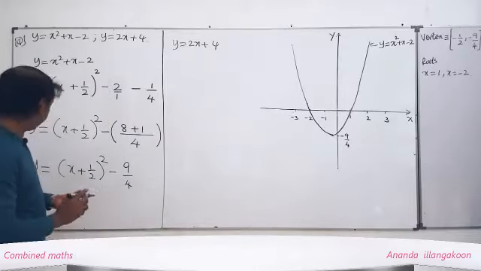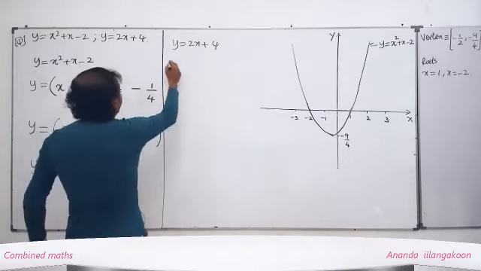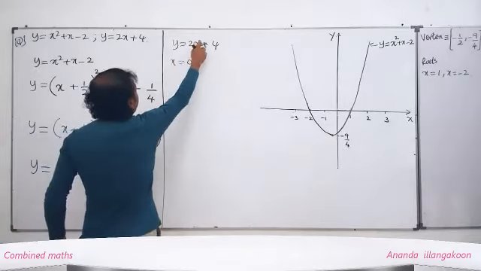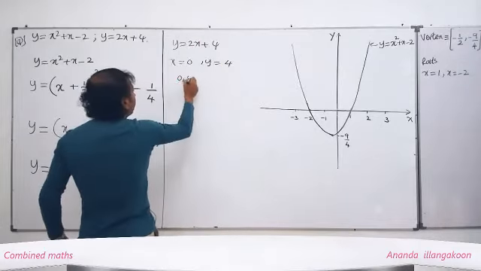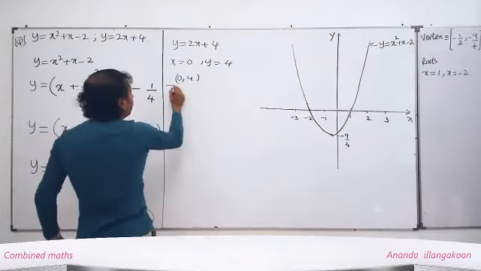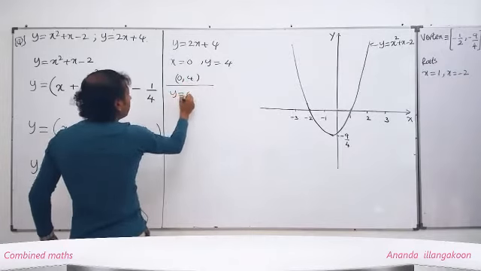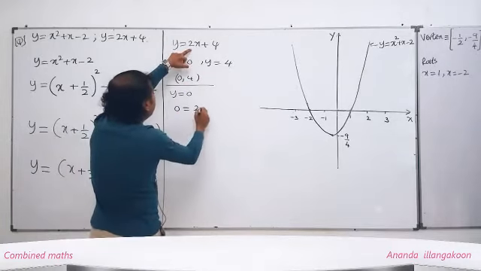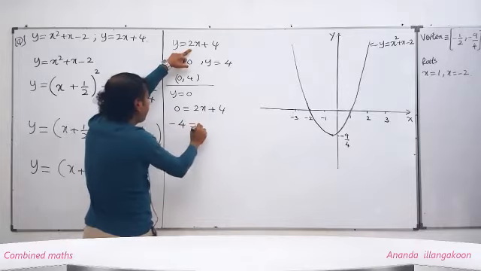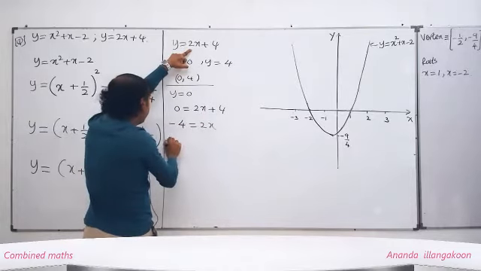Now, when you put x equals 0 here, then y is 4, then the point is 0, 4. Secondly, put y 0, then 0 equals 2x plus 4, bring this 4 to this side, minus 4 equals 2x, divide by 2.